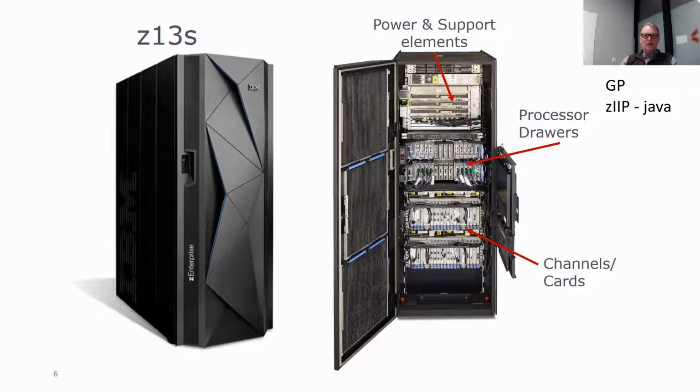Now, the interesting thing about a zIIP engine is that it does not count towards the MSUs of the machine. So you don't pay for code that is executed in a zIIP engine. It's specifically designed to run Java and some other things that don't run in the GP. That is to encourage people to use Java on the mainframe and also to reduce your overall costs for the mainframe if you are a Java-based environment.